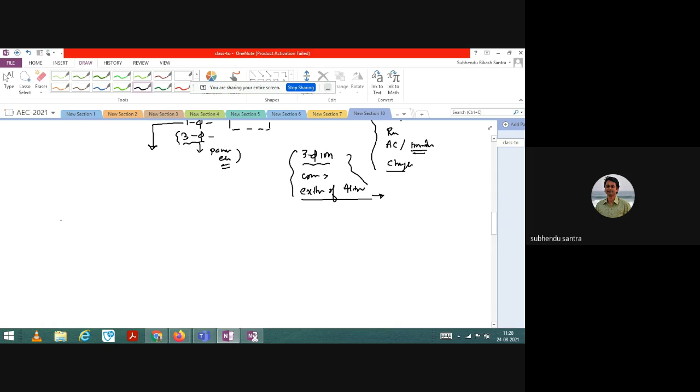So there are two types of rectifier. One is the half wave rectifier, and another is the full wave rectifier.